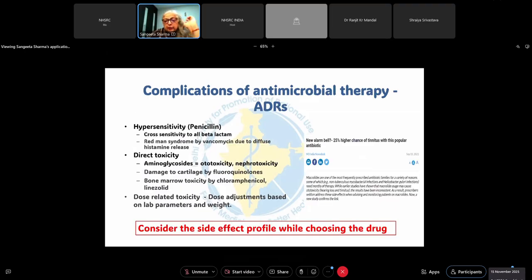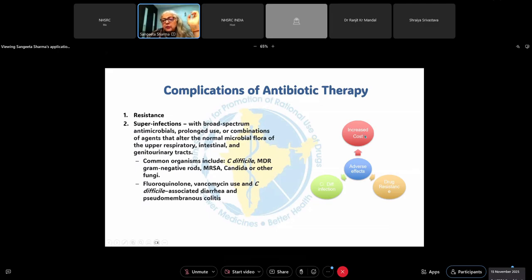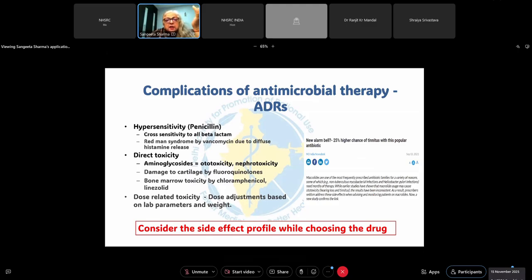It also has cost: it increases the cost of therapy and the duration of stay in the hospital. You use higher end antibiotics, which are costlier and have higher toxicity. Hypersensitivity reactions can happen, direct toxicity can happen, and dose related toxicity requires dose adjustment. So these are all the complications of antibiotics.